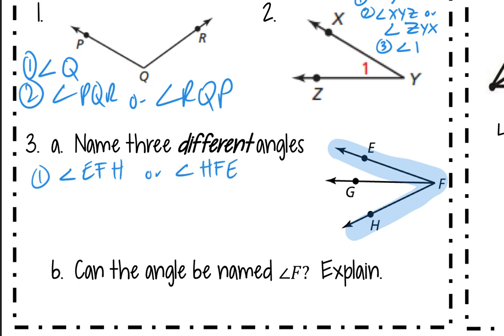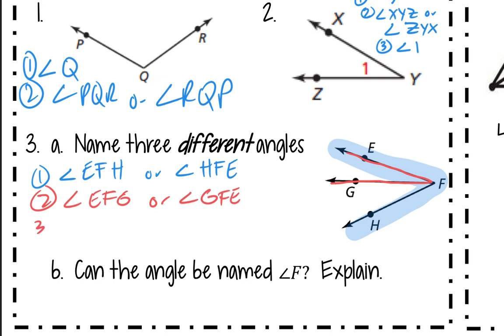Okay, next, what's another one? Let's put a different color. What if I said in red, this is another one, and we go through E, F to G. So the second one we can call angle EFG. Or what's another way of calling that same angle? Instead of EFG, I can call it GFE, angle GFE.